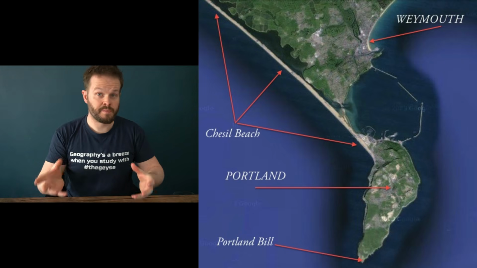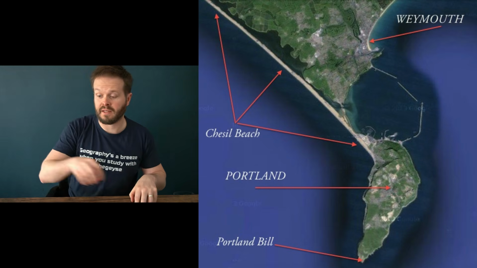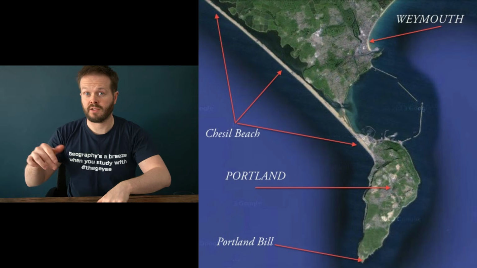We've got tombolos, and you can see that at Chesil Beach. So this is a spit or a ridge of sediment that connects a mainland to an offshore island. Chesil Beach in Dorset is the perfect example, and that is one of our drift-aligned tombolos. It forms through longshore drift or waves pushing offshore sediments landward. But there can also be a situation where tombolos are created by a swash-aligned approach.